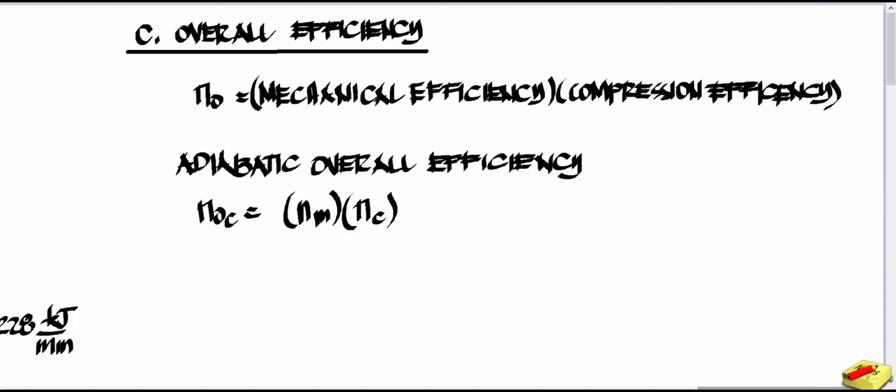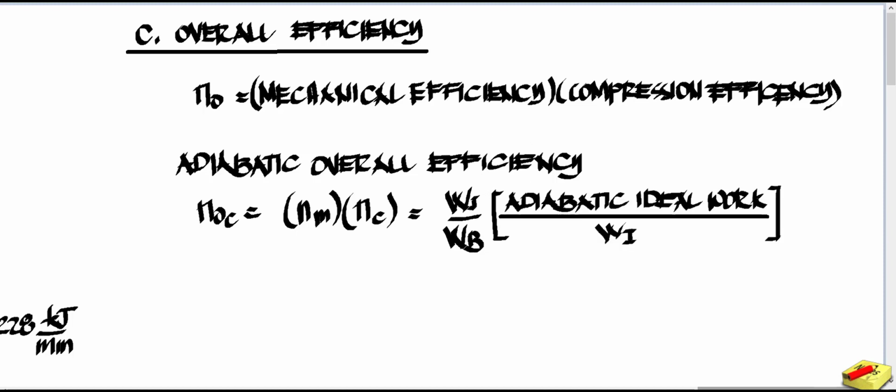Now for the adiabatic overall efficiency, we have the mechanical efficiency of the compressor multiplied by the eta C, which stands for the adiabatic compression efficiency, and it is equal to the indicated work divided by the brake work, multiplied by the adiabatic ideal work over the indicated work.